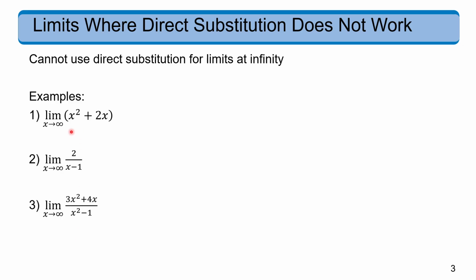On the first one, as x goes to infinity, we want to determine what happens to this expression. So if you just think about the situation, if x is getting bigger and bigger and bigger, infinitely large, then x squared is also getting really, really big, right? It's even bigger than x. And the same thing here. If x is going off to infinity, then 2 times x would also be going off to infinity.